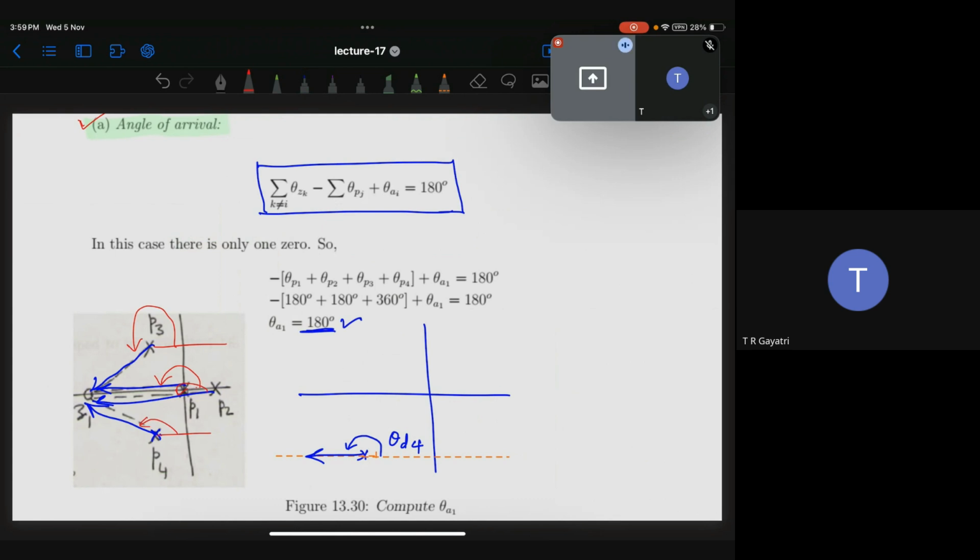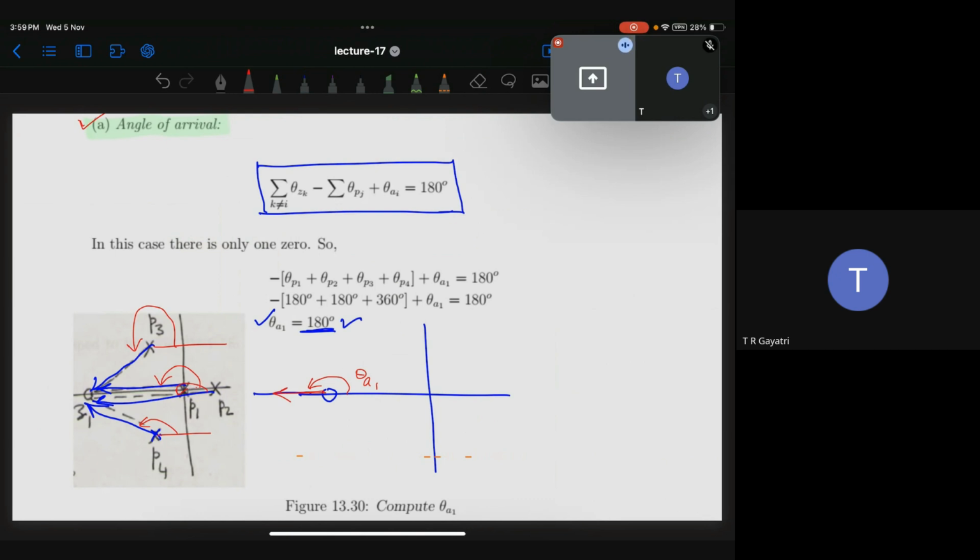Is that clear? So what we got is 180 degrees here. The zero is here, and 180 means this way. Theta A1. Is this clear?